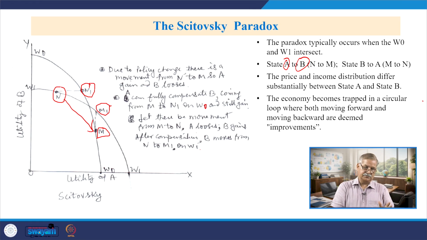So both situations may be there, and due to policy change there is a movement from N to M on this utility frontier. So A gains and B loses.